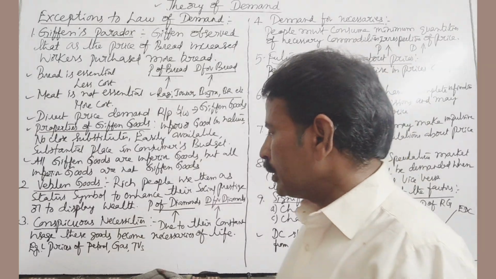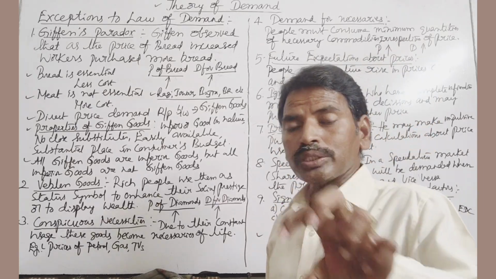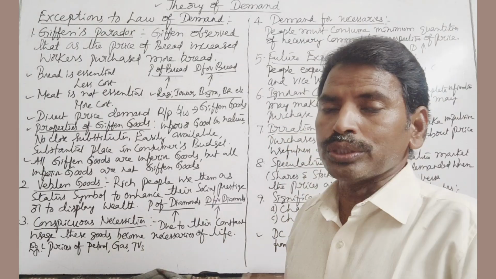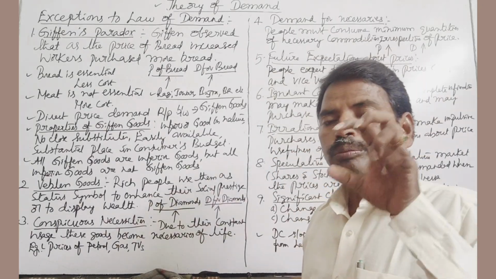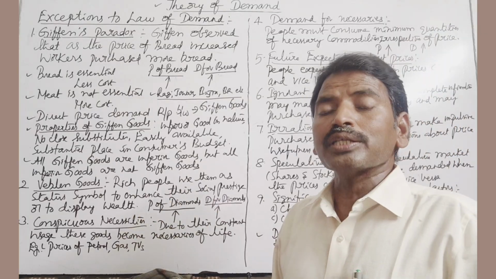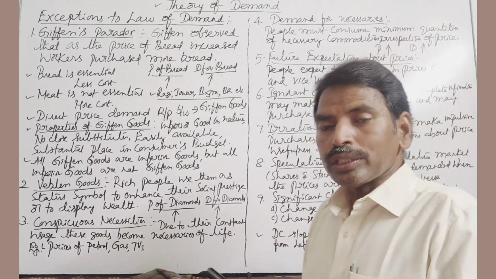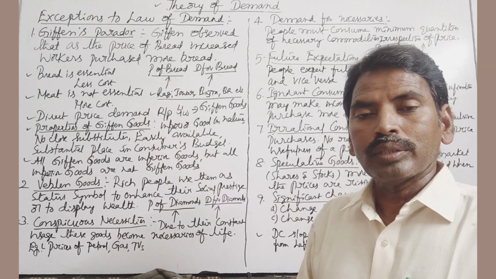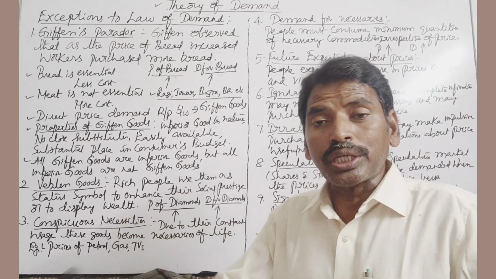Next, third one: conspicuous necessities. That means due to their constant usage, these goods become necessaries of life. For example, petrol, cooking gas, refrigerator, TV, mobile, etc. We are consuming constantly.